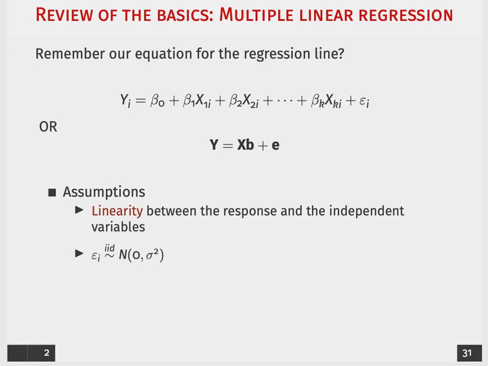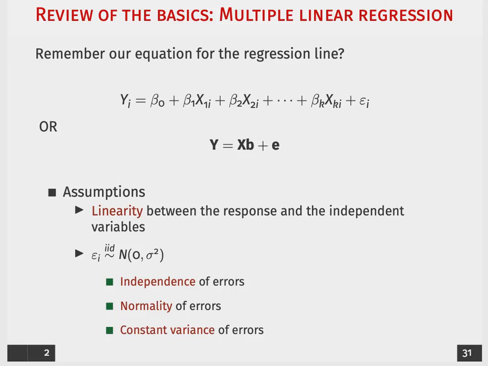The second assumption is that those errors are independently and identically distributed, and more specifically that they are normally distributed centered around mean 0, and they have a constant but unknown variance sigma squared. Again, this states that these are independent errors, like the error that I have on my observation is not dependent on maybe the error of another observation. They're normally distributed, and again, they have constant variance sigma squared.